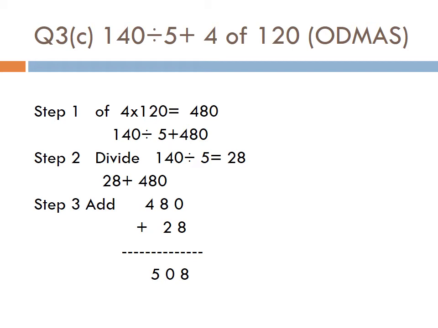Then you have to step 2, divide. 140 divided by 5 is equal to 28. Then add 28 plus 480 is equal to 508. According to the odd mass rule, always you have to solve the sums. First of all, solve off. Second step, divide. Third step, add the numbers.